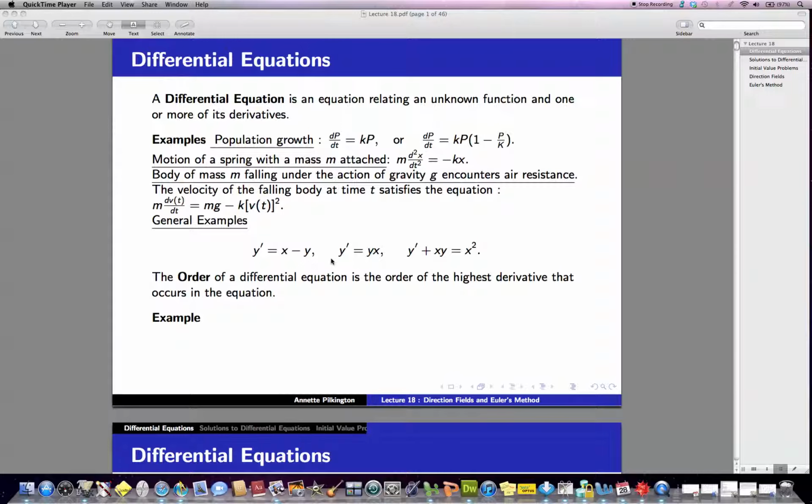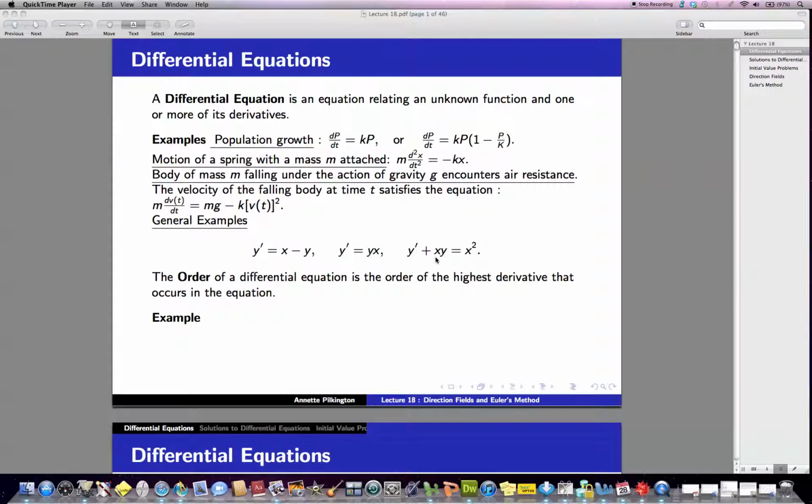In general, we'll look at examples like these of first-order differential equations, and we'll solve them in the next few lectures. In all of these, the derivative dy/dx or y prime has order 1. So the highest derivative appearing in these equations is a first derivative.